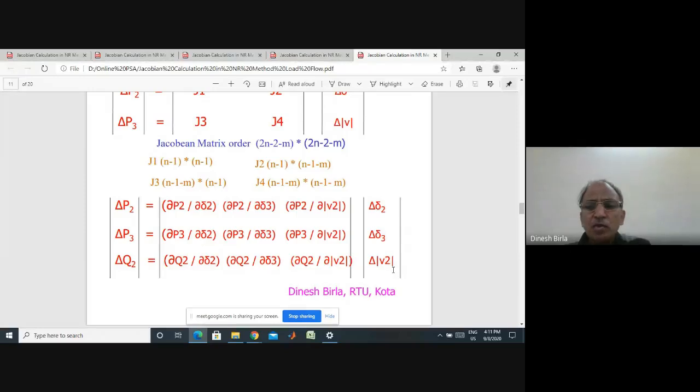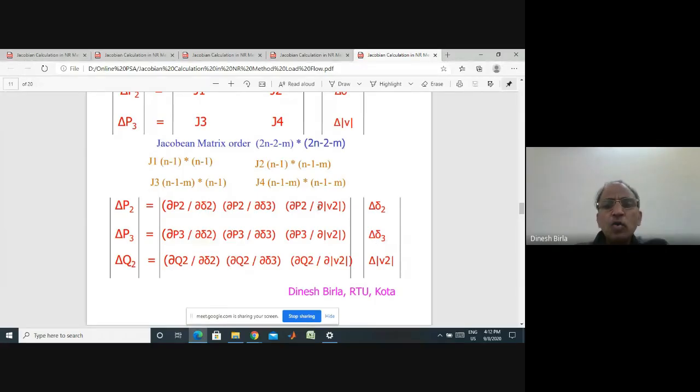As well, had there been one more Q3, then it would have extended del Q2 by del V3 as well. So in short, if there is one more bus, P will increase: after delta P3, there will be delta P4, and on the right hand side delta 4 would have figured.